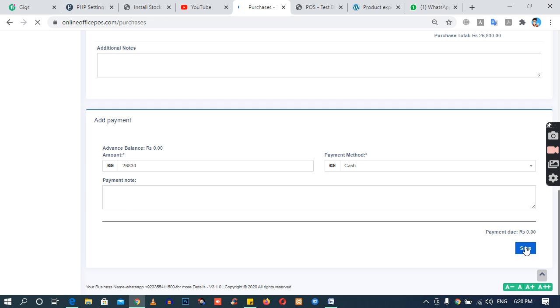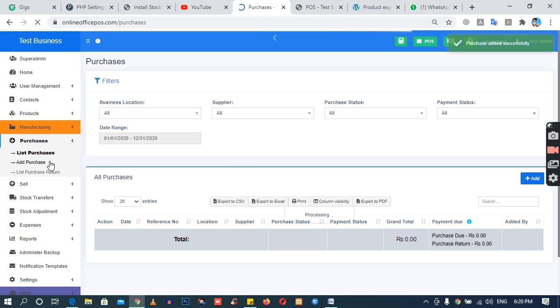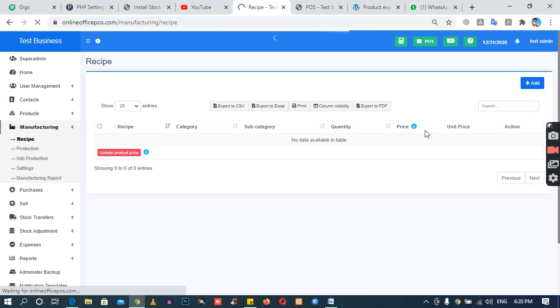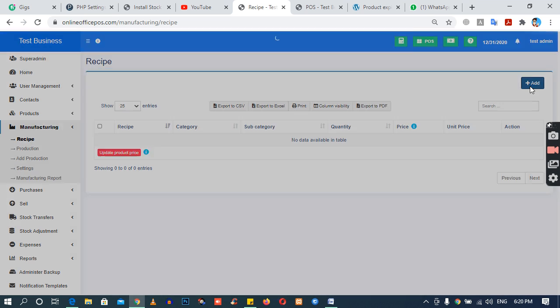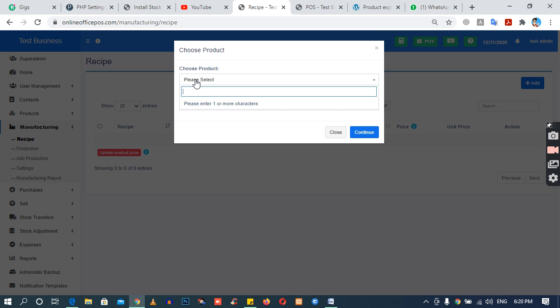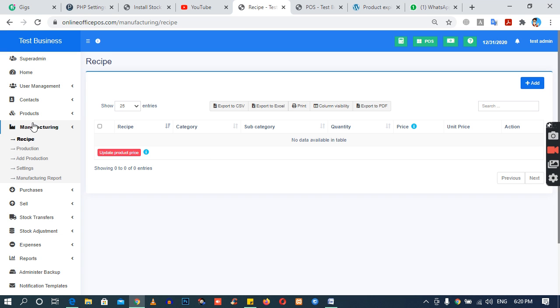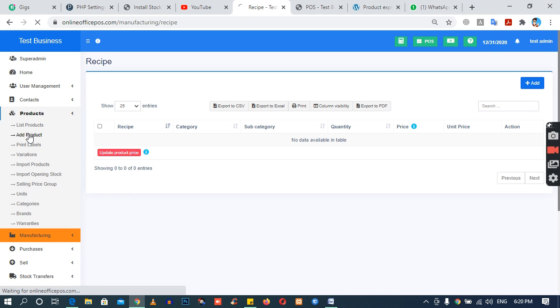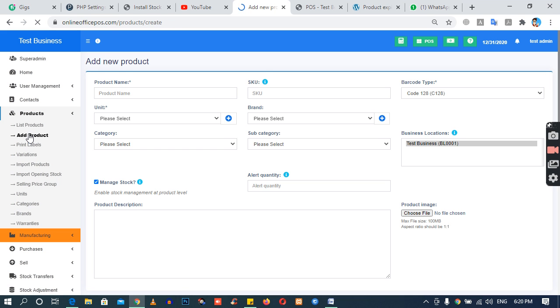What we do in production, I will create a product, I will create a recipe. Look, you will click on the manufacture module, click on recipe. I will add a recipe, choose product. One more product I have to add, the add product.